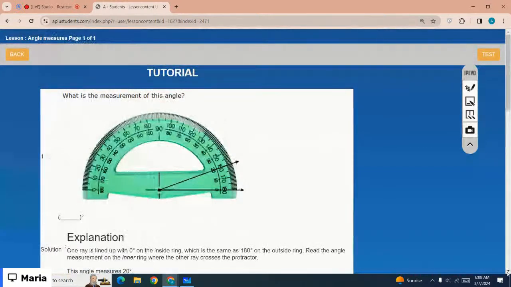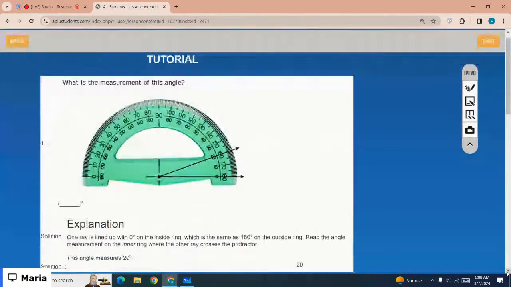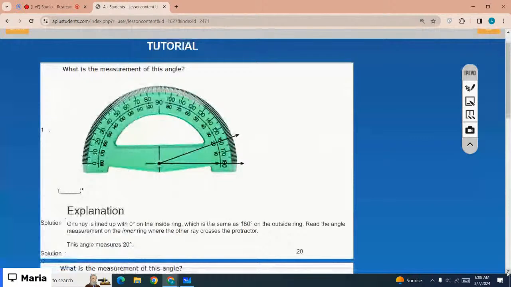One ray is lined up with 0 degrees. You can line up either this side or this side, but one of them is lined up with the 0, right? So read the angle measurement on the inner ring where the other ray crosses the protractor. So you have to read on the inner ring, right? Here is the inner one, that means that is 20 degrees, right?